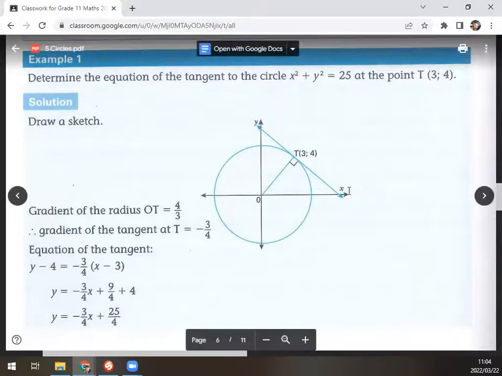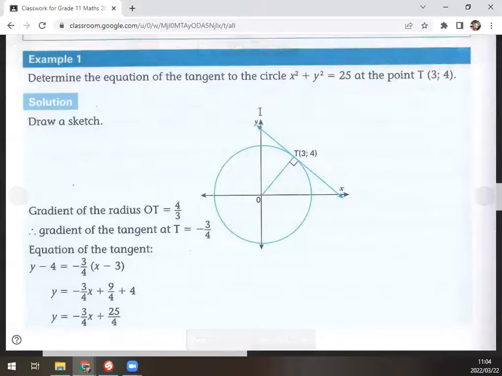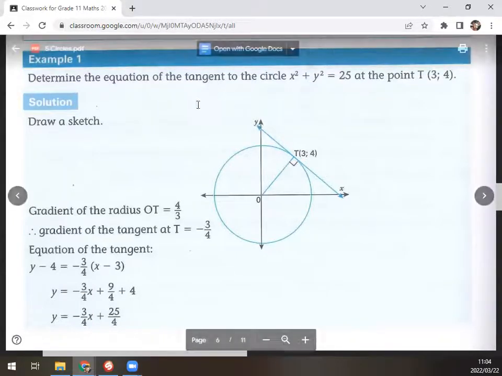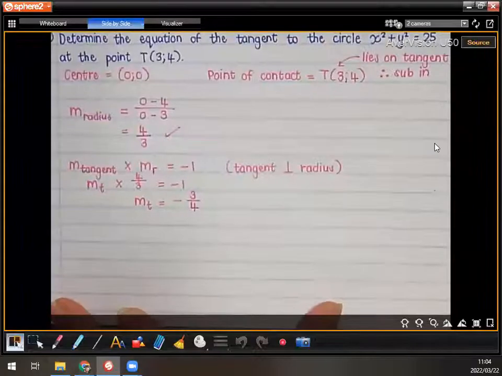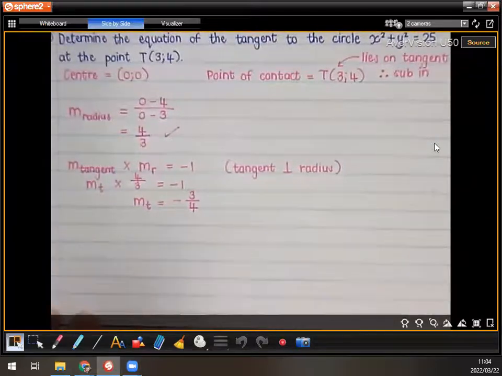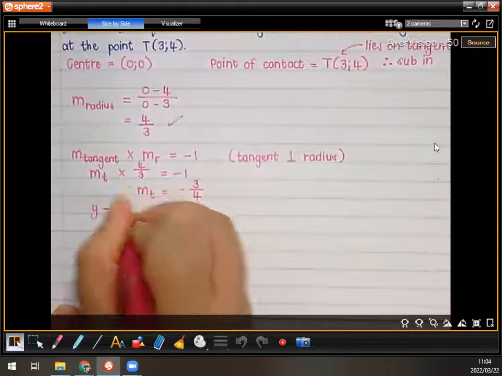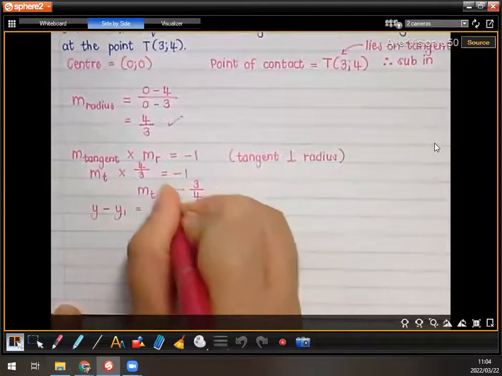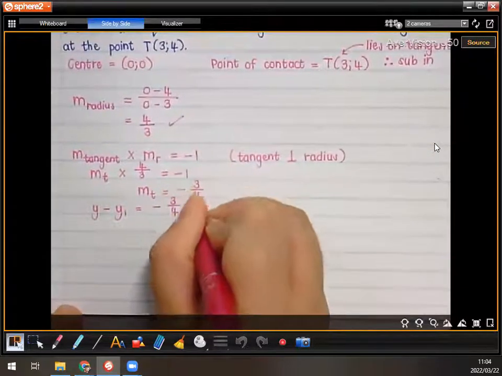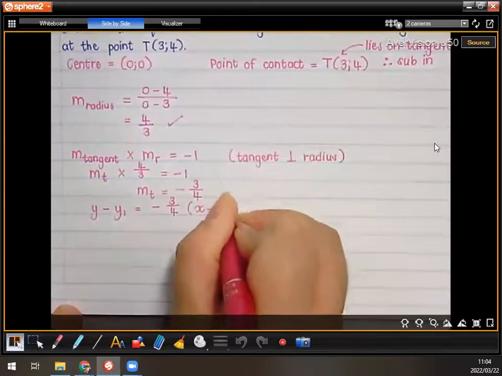The gradient of the tangent does have a negative gradient, this line, because it's sloping down. Okay, so our picture does fit our answer so far. All right, so now we're going to say we know that we have y minus y1 equals -3 over 4 times x minus x1.